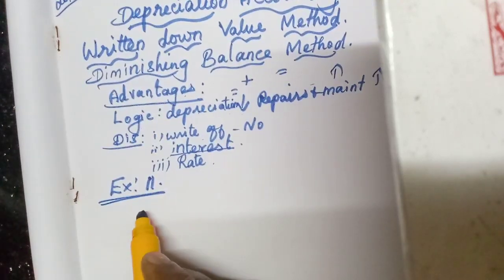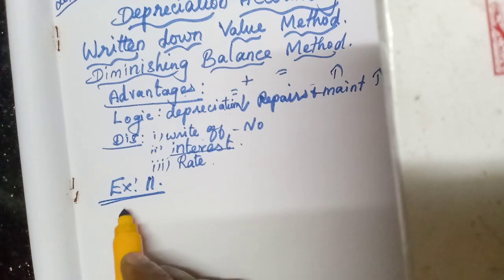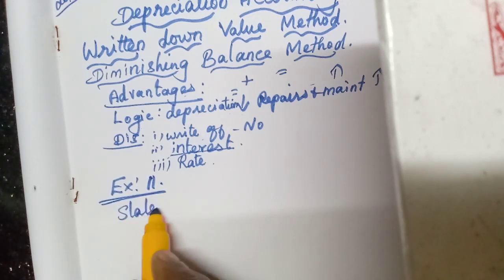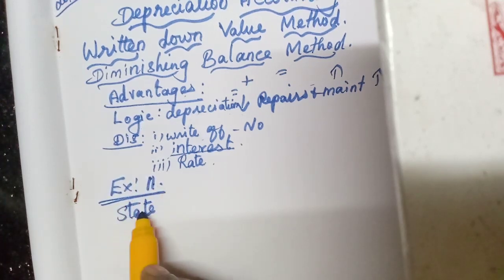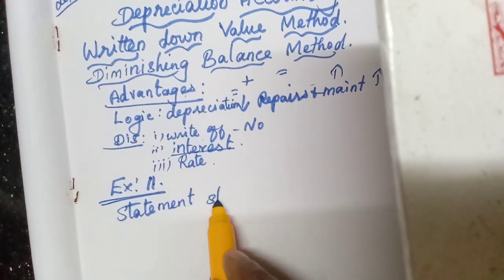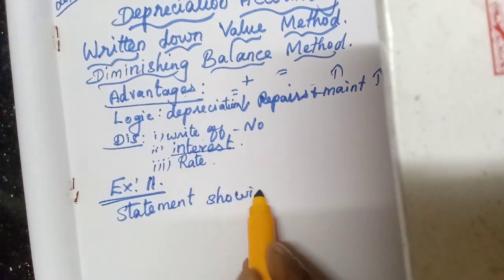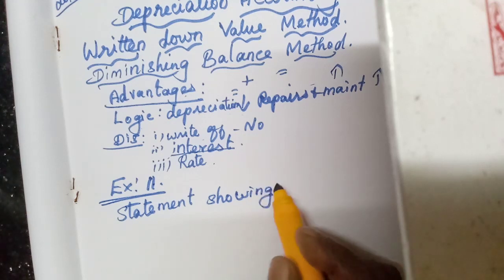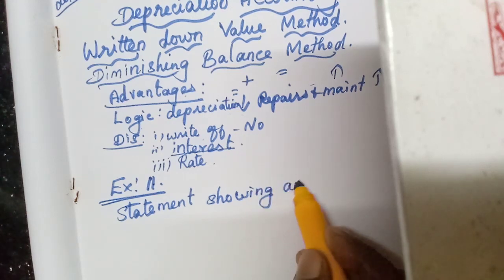We have to write a statement. First the question number, then the heading. Statement showing amount of depreciation.